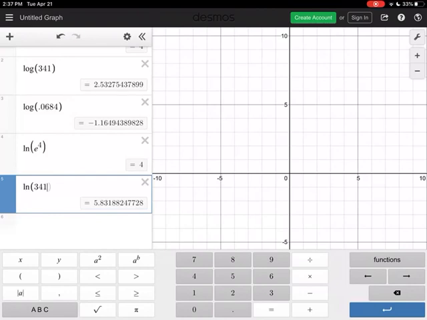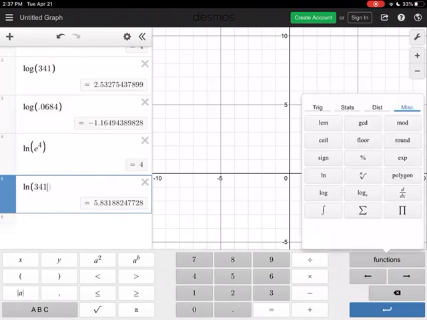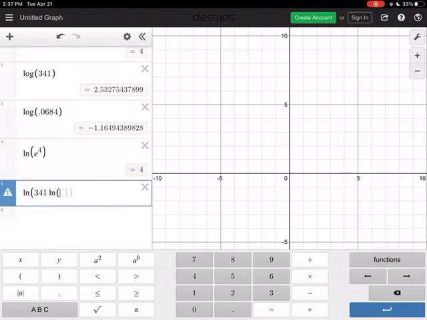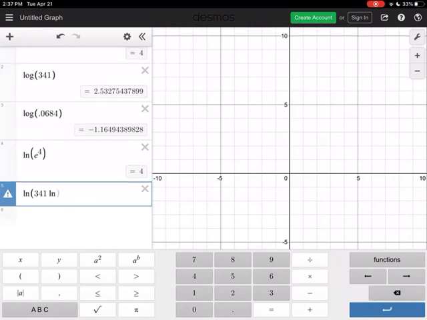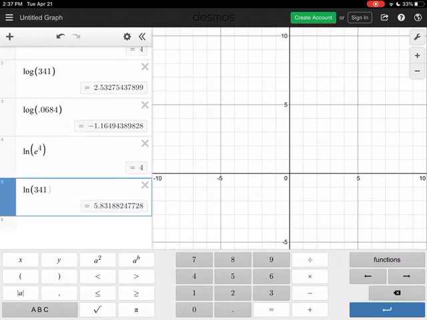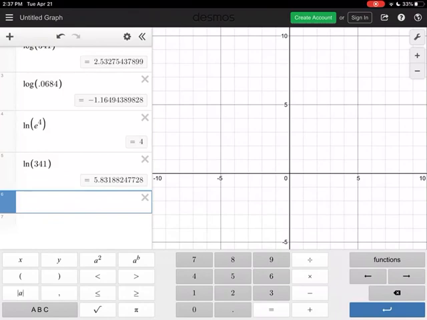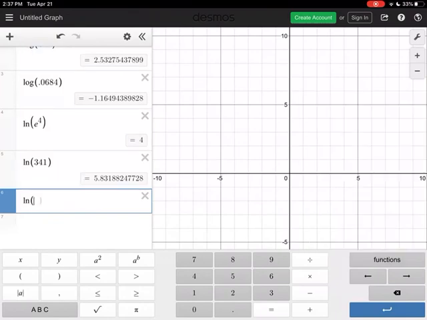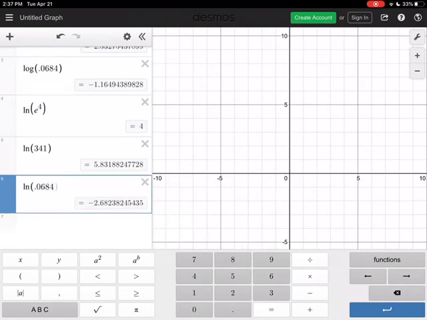And then the last one is natural log of that same decimal that we used before, 0.06894. So negative 2.682 if you're rounding to 3 decimal places. All right, and that's it.